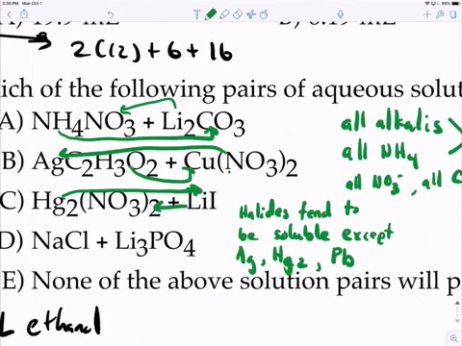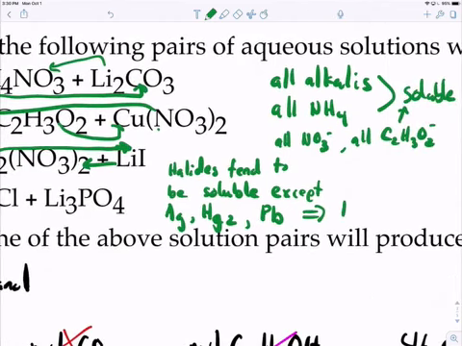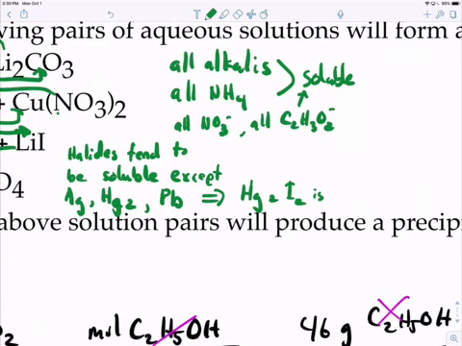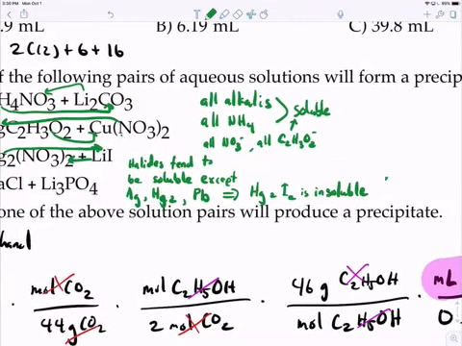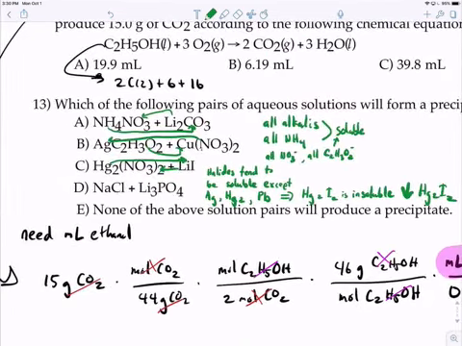And Hg2 is an exception, which implies Hg2I2 is insoluble. And because of that, you're going to have it precipitate. And same thing, all alkalis are soluble, so lithium and sodium, mix them together, nothing's going to happen. That's the only one that's going to form a precipitate.